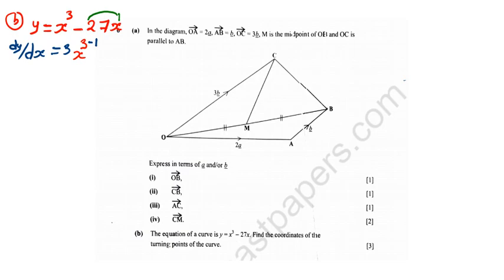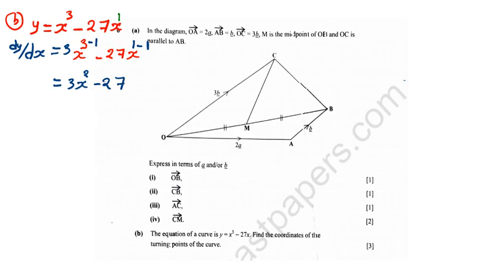So it will be minus 27, which is x. Here on top I have 1 minus 1. So it becomes 3x, 3 minus 1, I'm getting a 2, minus 27.